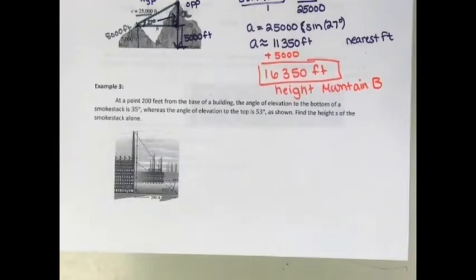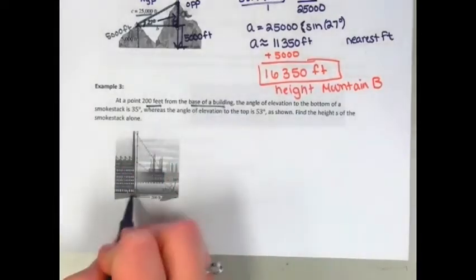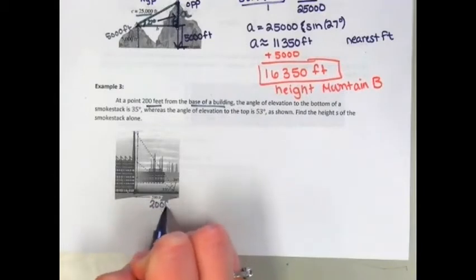Yeah. All right. At a point 200 feet from the base of a building, the angle of elevation to the bottom of a smokestack is 35 degrees. Okay. So the point 200 feet from the base of the building. So my base of the building out is 200 feet.